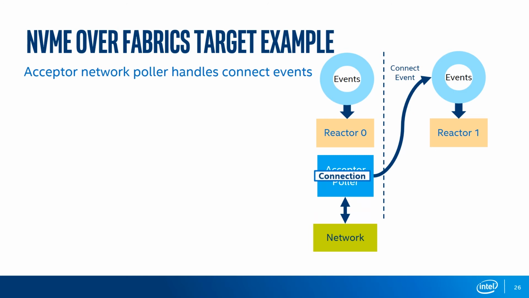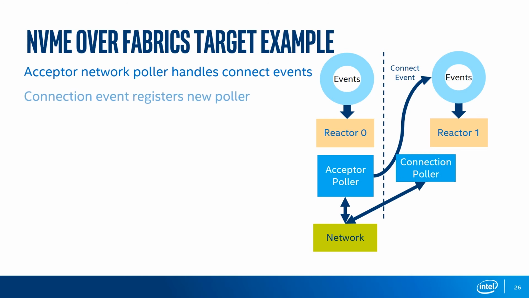It will decide where to schedule that connection. Let's say we've pre-configured it to know that this connection will run on reactor 1. So we pass that connection request over to the destination reactor using an event. That event is passed through the lock-free ring to reactor 1, which will pick up the event, and the event itself will actually schedule a new poller.